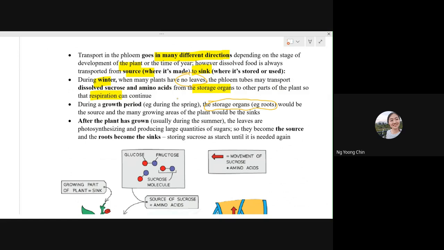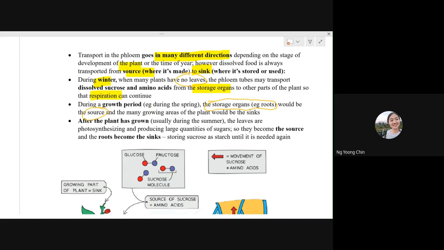So now it is their turn to become the source, because their roots or their storage organs store a lot of nutrients. Since the leaves stop producing the sugar, the glucose, now they will use the roots as the source of the glucose.